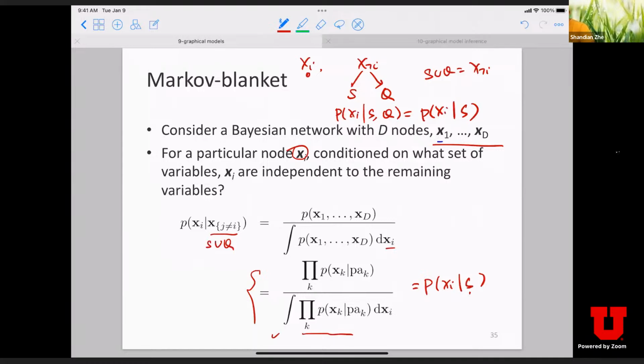All the other variables are canceled out, and they are Q. Does it make sense? Because according to conditional independence, if given S, xi is independent of Q, that just means the full conditional probability equals the conditional probability of xi given S only. Does it make sense? Any question? Everyone's good? David.